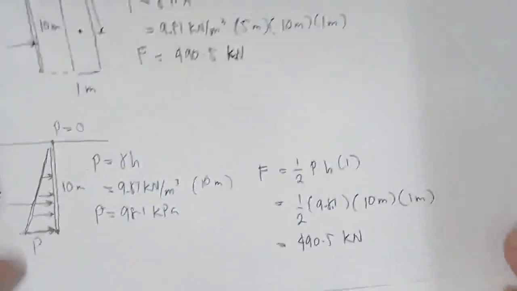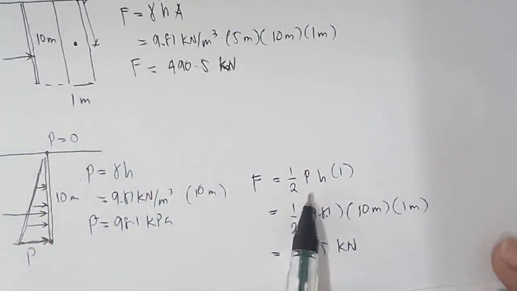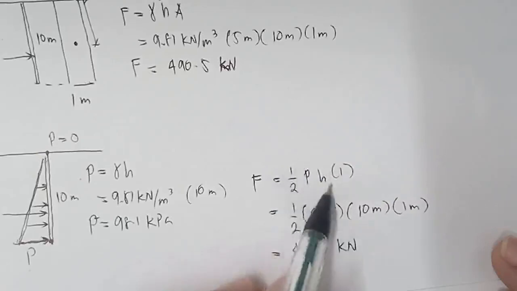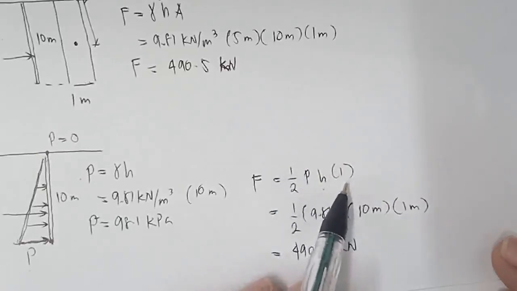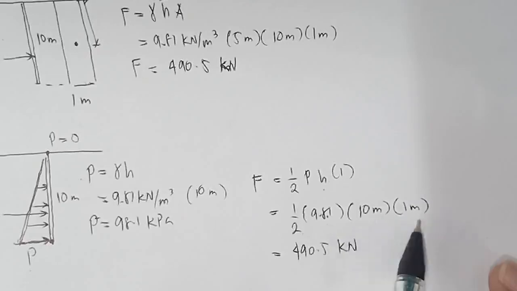No? So, to solve for F, 1 half times, this is the area for the triangle, 1 half P times H, and we have the thickness perpendicular to the paper is 1 meter. So, to solve, 1 half times 98.1, yung pressure, kilopascal, times the height, 10 meters, times the thickness perpendicular to the paper is 1 meter.